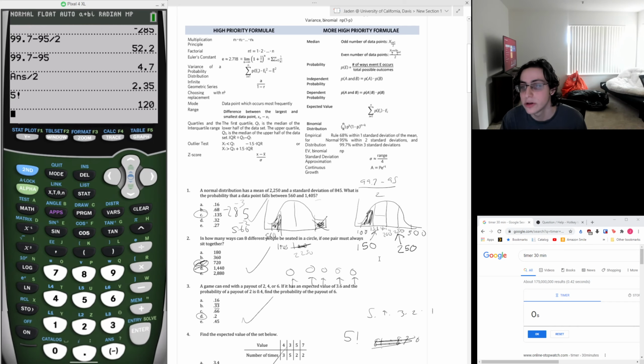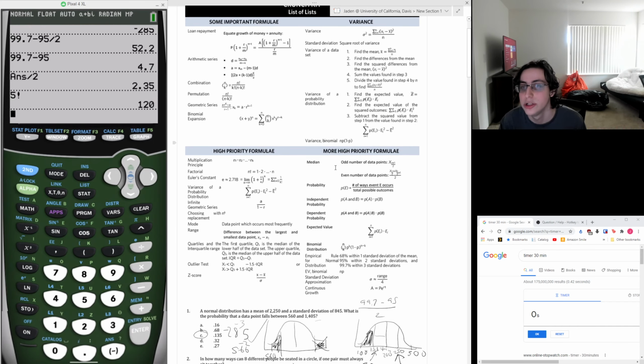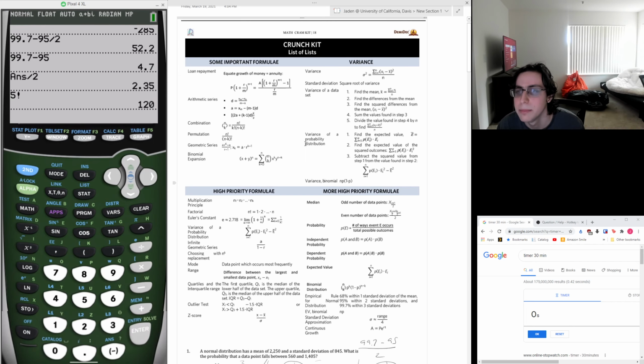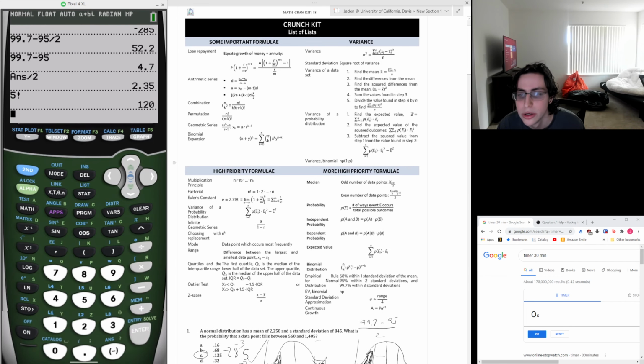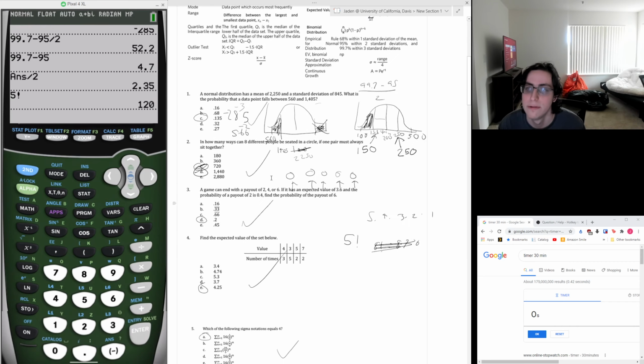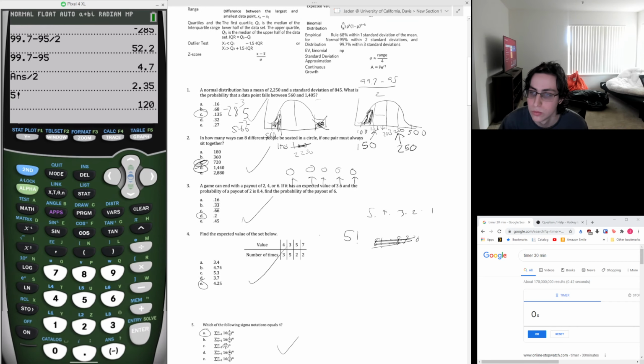However, because they're in a circle, there's actually a small adjustment that you make any time you're dealing with something in a circular situation. Not sure if this rule is actually up here, but with a circle, you want to do n minus 1 factorial. That would be how many ways 8 different people can be seated in a circle.